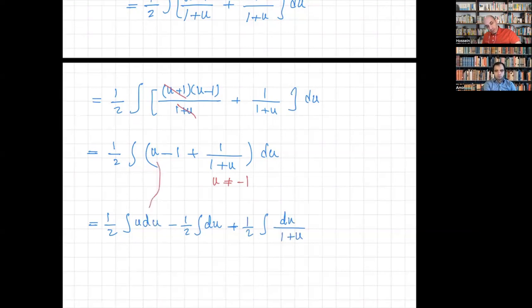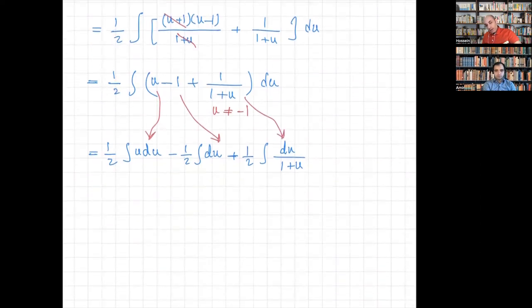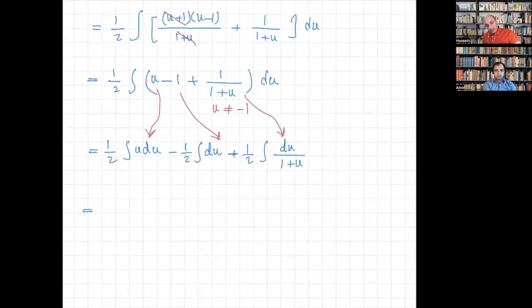So this is my first term, this is my second term, and this is my third term. The first integral is easy. The integral of u du is 1/2 u squared, so with the 1/2 in front, and minus, in the second integral, the integral of du is u, so I have 1/2 times u, plus the third integral.